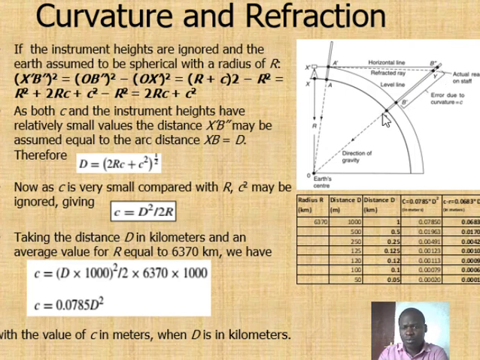From that, as A and B are on the same level, we have B prime equal to the height of instrument.